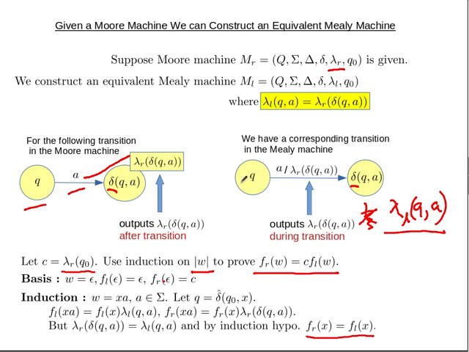Again, in the Mealy machine you have processed X, so you have already emitted FL of X. Then you are making this transition from Q on input symbol A, so you are emitting lambda L of Q, A, and lambda L of Q, A is defined as lambda R of this state. So this thing and this thing are the same.